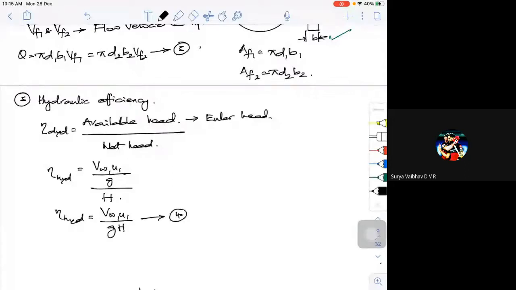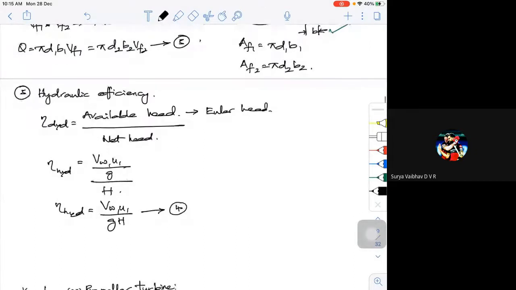Now, what about volumetric efficiency, mechanical efficiency, and overall efficiency? Already we know this. Volumetric efficiency is the ratio of the discharge that is going out to the discharge that is entering in. Already you have studied this in your Pelton wheel, same thing I can put over here. Similarly, mechanical efficiency is the output of the shaft, the energy available at the rotor. So it is the same.